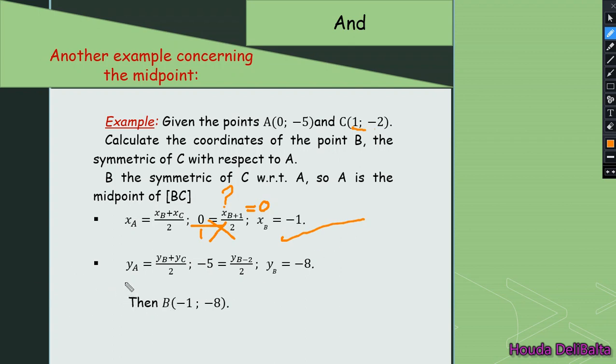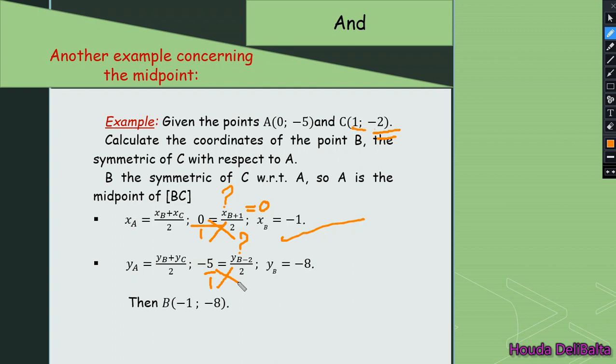Now similarly for Y. Since A is the midpoint of BC, then YA equals YB plus YC over 2. So again, I have YA, so I evaluate: minus 5 equals YB, the required value, plus YC, which is minus 2, so plus minus 2 is just minus 2, over 2. Again, I put minus 5 over 1.